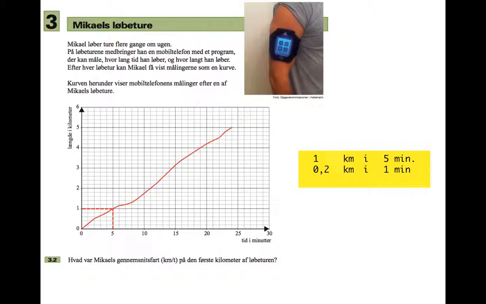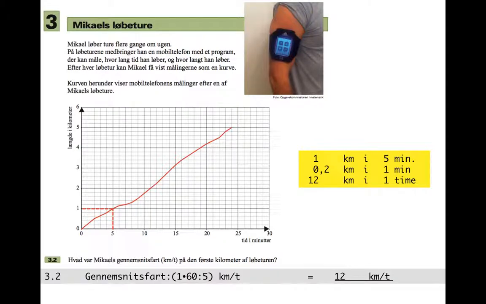And once you've worked out how much in 1 minute, you can work out how much in 1 hour, 60 times as much. So it's 12 kilometers in 1 hour. And you worked out 12 kilometers from 1 times 60 divided by 5 effectively. So 12 kilometers per hour.